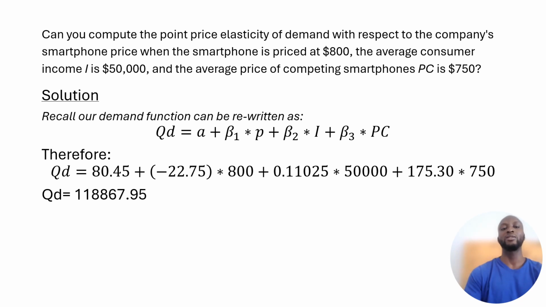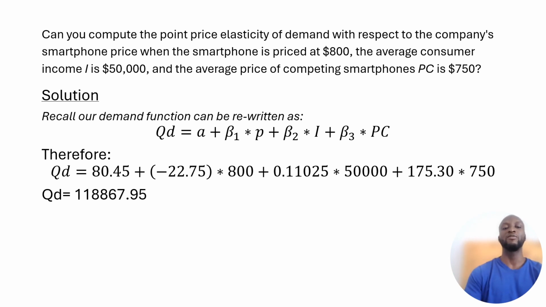But don't forget there is a negative sign here for our parameter for the price, plus the beta 2 for income, multiplied by the income, which is also provided. The parameter for price of competing firm is also given here, 175.3, multiplied by $750, which is also given in the question.